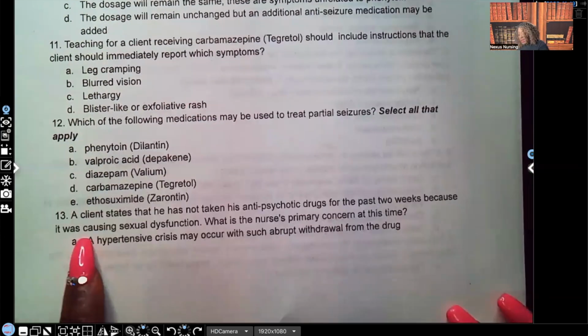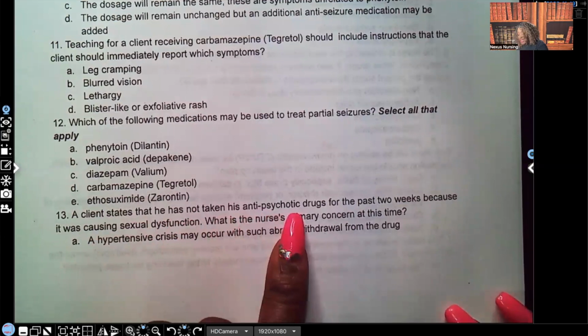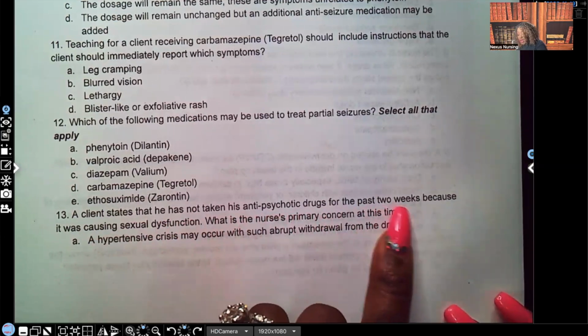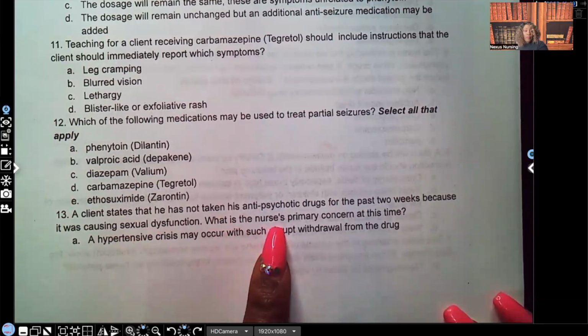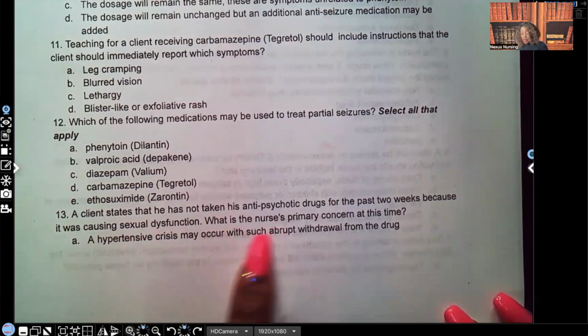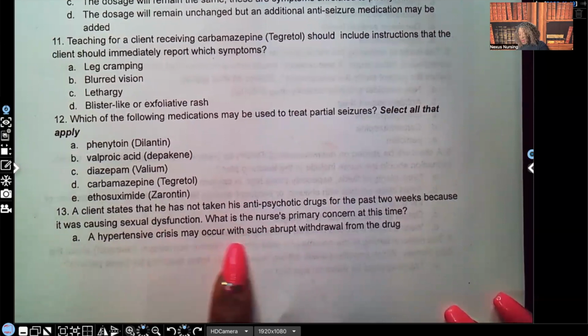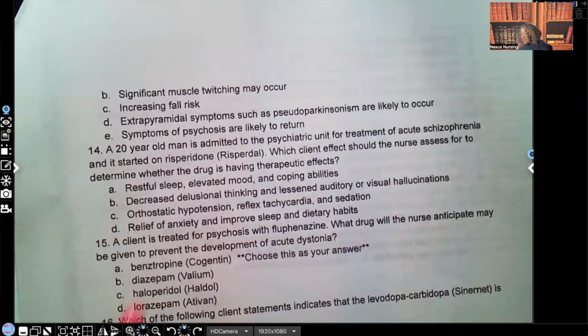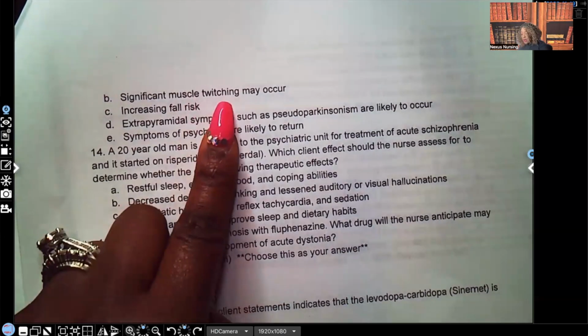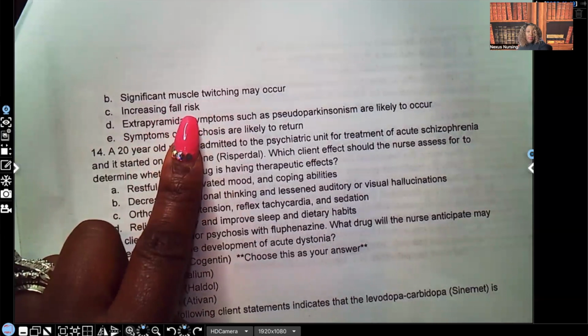Next, a client states that he has not taken his antipsychotic drugs for the past 2 weeks because it was causing sexual dysfunction. What is the nurse's primary concern at this time? A, hypertensive crisis may occur with such abrupt withdrawal from the drug. B, significant muscle twitching may occur. C, increased fall risk.